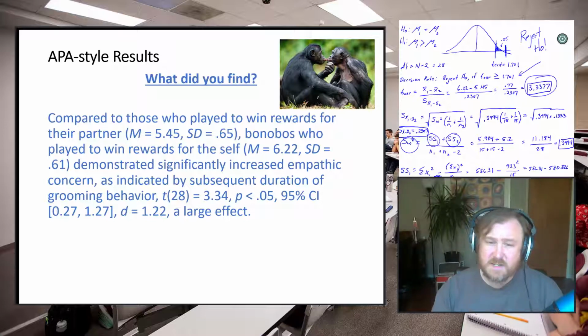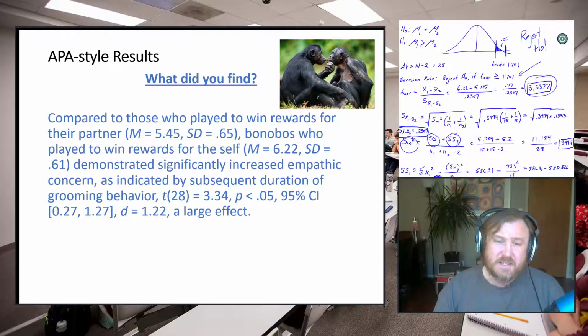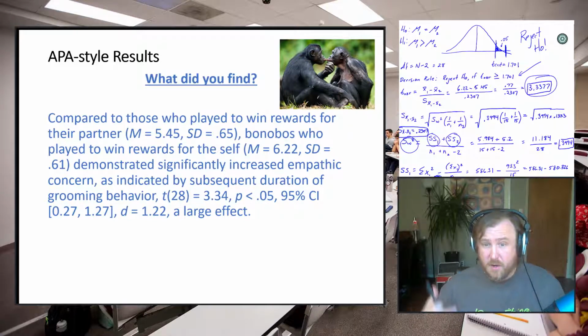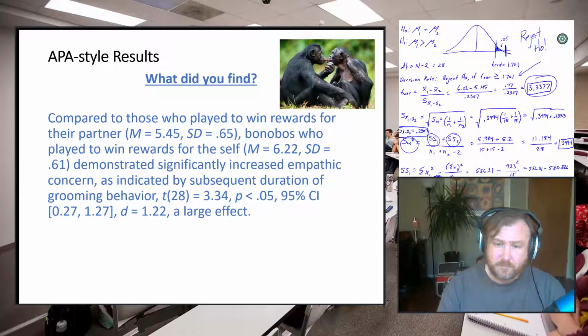And then we report our t obtained value. And after that t value, we put the overall degrees of freedom for our independent group's t-test. So remember, the degrees of freedom for this test was the sample size minus 2. So that's 30, everyone in the study, minus 2, and we get 28.